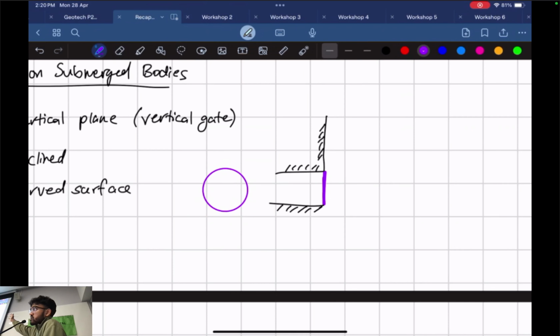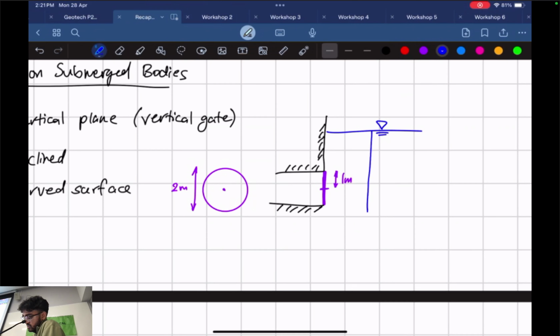Where's the center of the gate? The center of the circle, right? It's going to be here. So if this is, let's say, 1 meter, this is the surface of the water, you can find your HC. They'll probably give it to you.